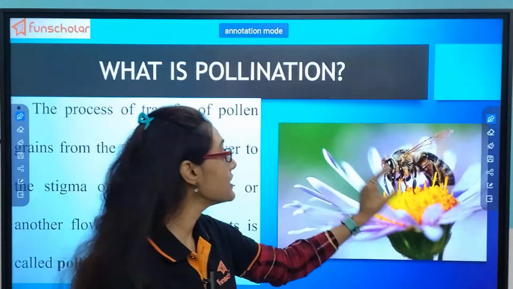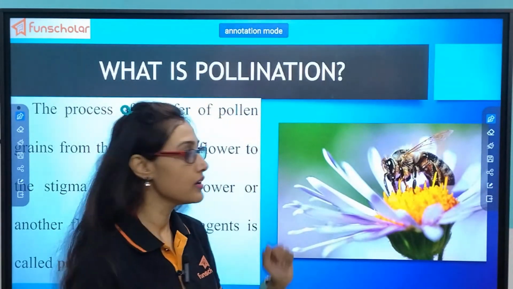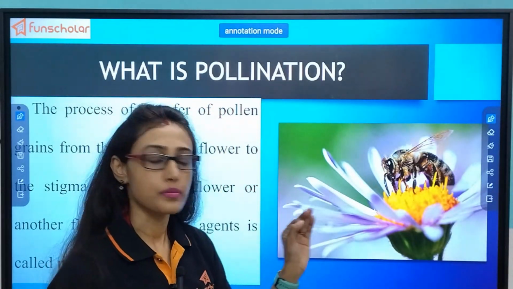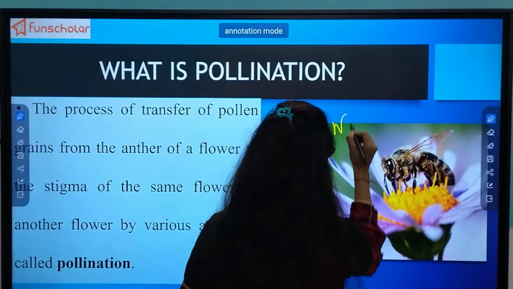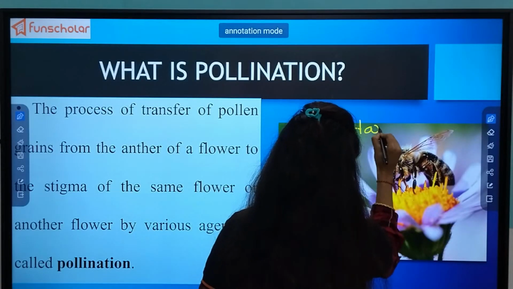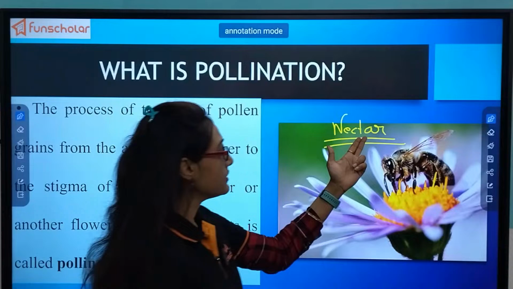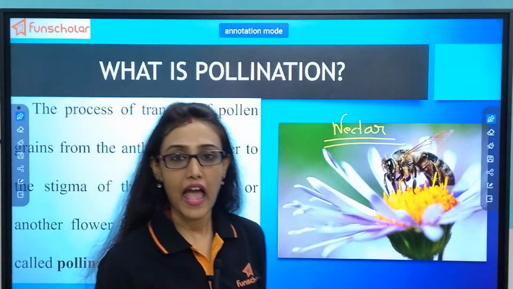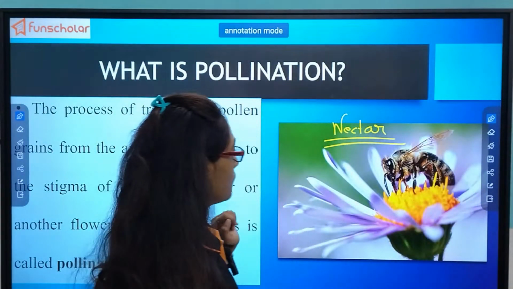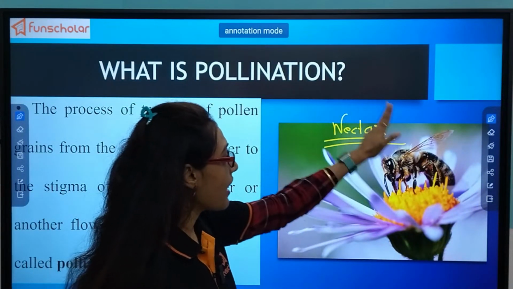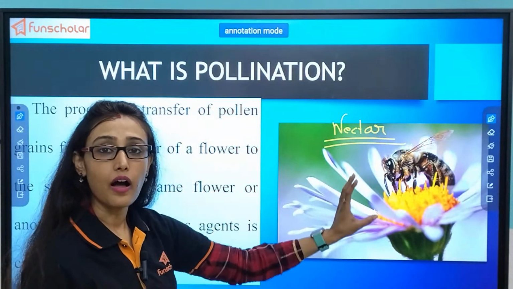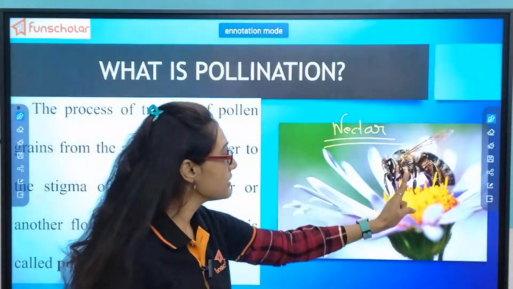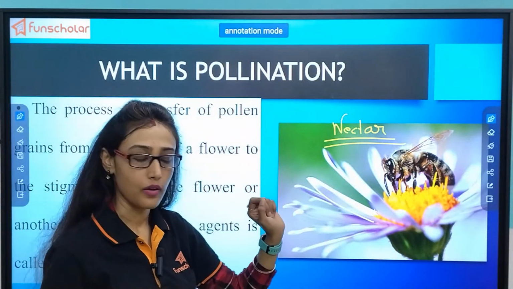Now the question is, why does the insect come and sit in this flower? Because this flower produces a sticky liquid substance which is known as nectar, and nectar is fed on by honeybees or many other insects like ant, wasp, etc. They are attracted to the flower by its vibrant color, they come here, sit here, and suck the nectar from the flower.